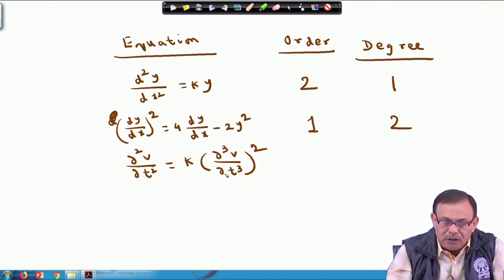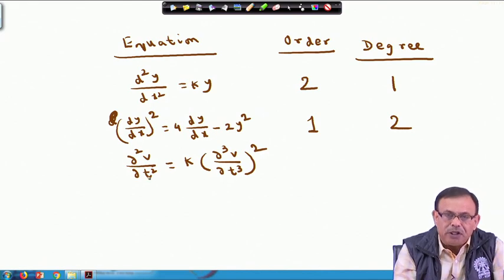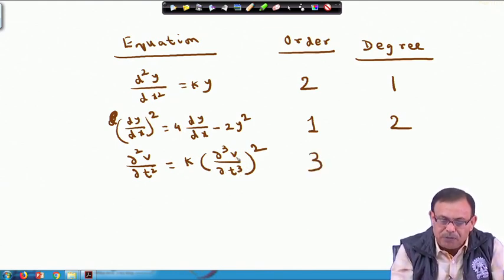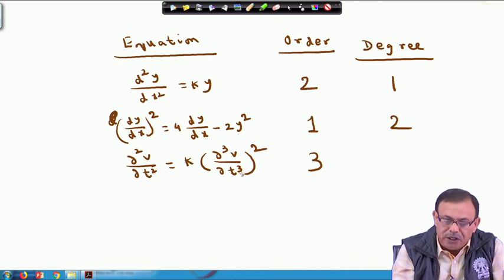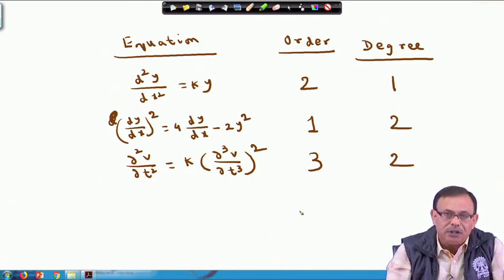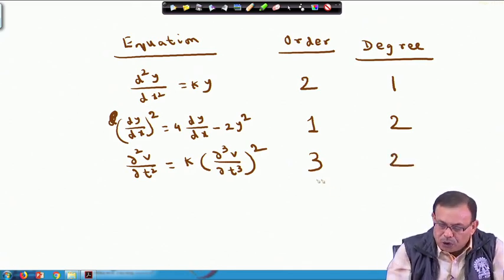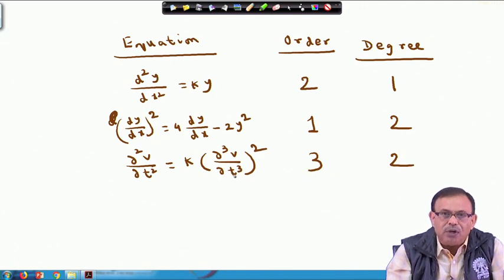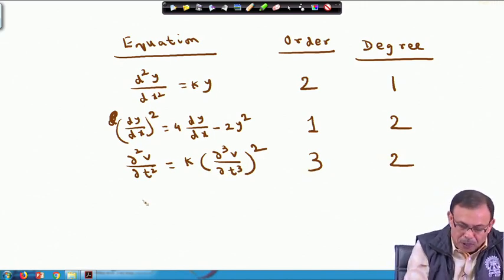That is third order, because you have ∂²v/∂t² and you have ∂³v/∂t³. So, the order of this equation will be 3, whereas the degree will be the power of the highest order derivative, which is 2. So, we are writing that for this equation the order is 3, but the degree is 2.